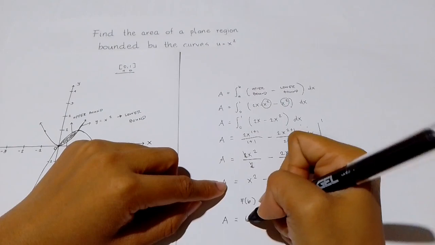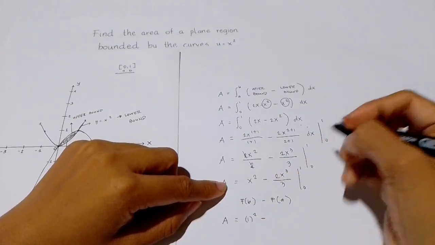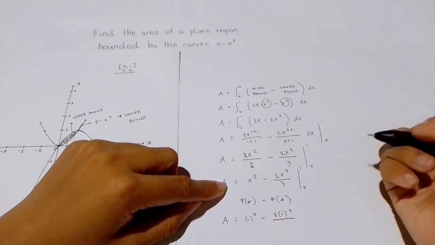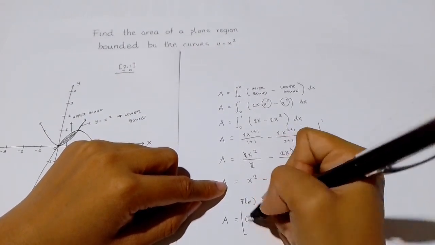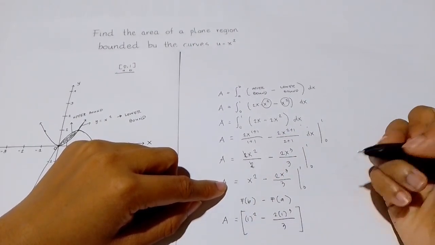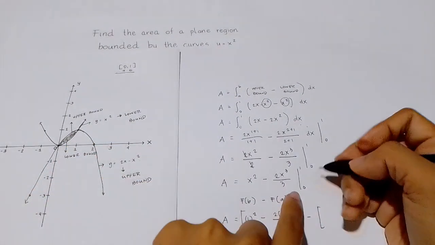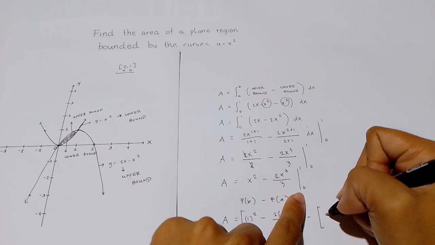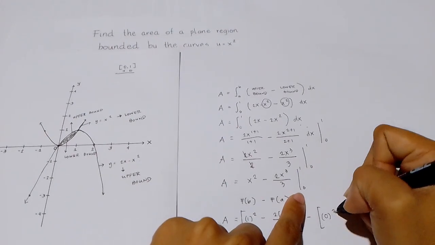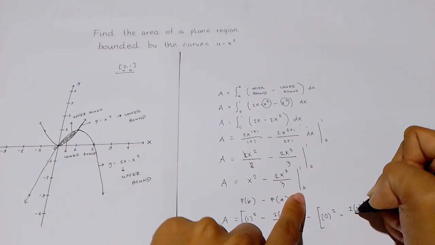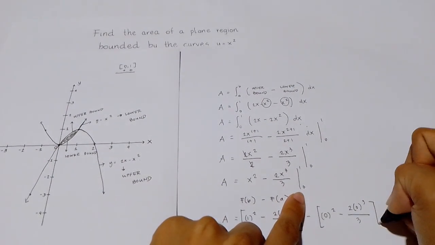So we have 1 squared minus 2 times 1 cubed over 3, minus, for our 0, 0 squared minus 2 times 0 cubed over 3.